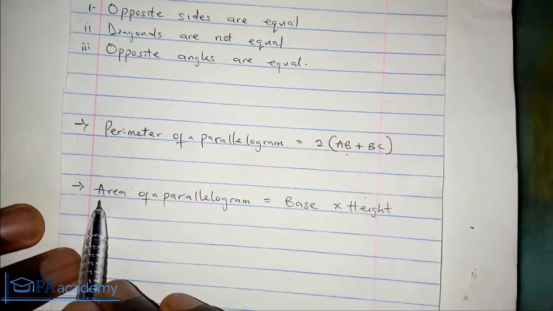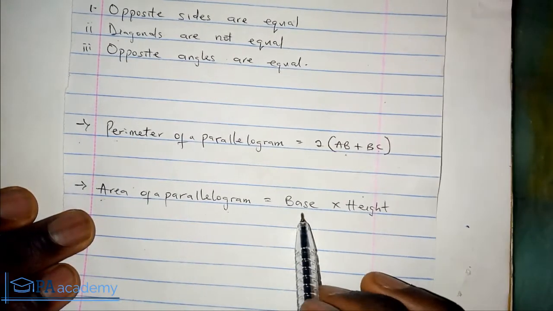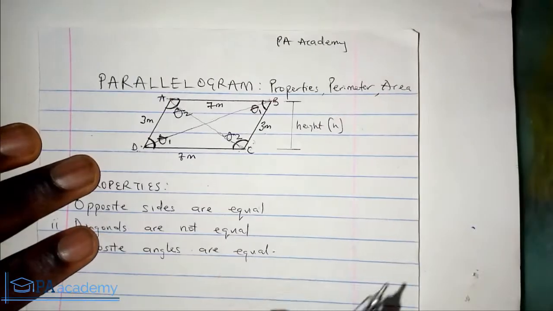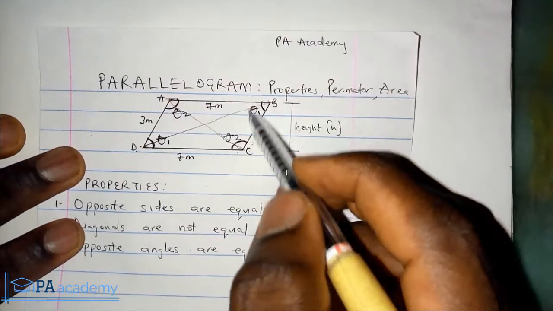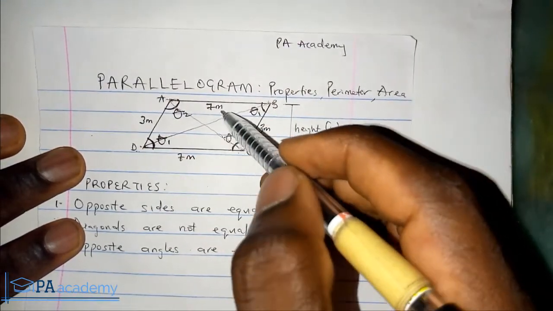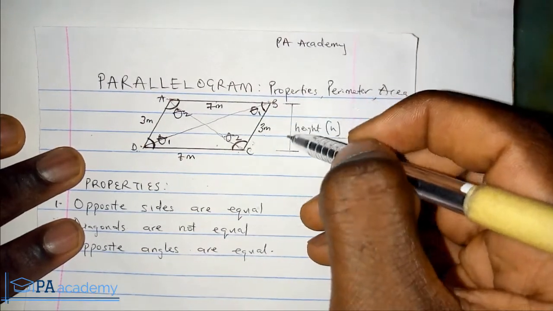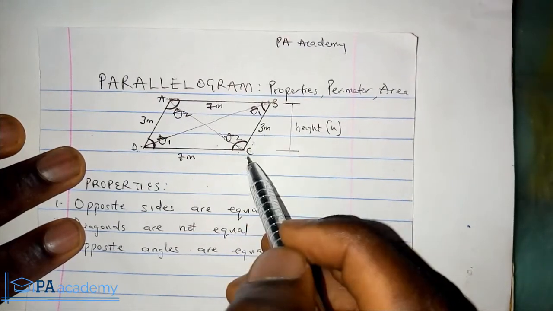So the next one is the area. To calculate the area of a parallelogram, it is base times height. Base times height. Let's look at our diagram again. We said that the area is the base times the height. So the height is from here to here. Note, the height is not this length BC.